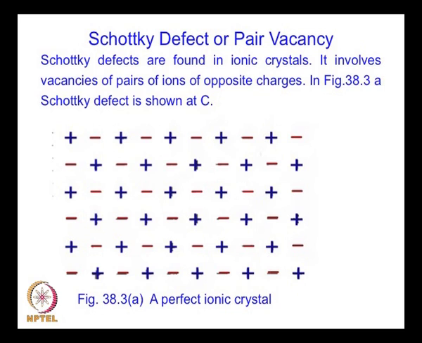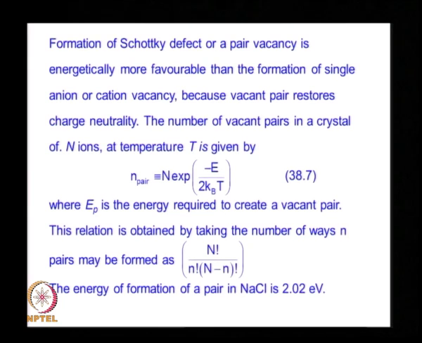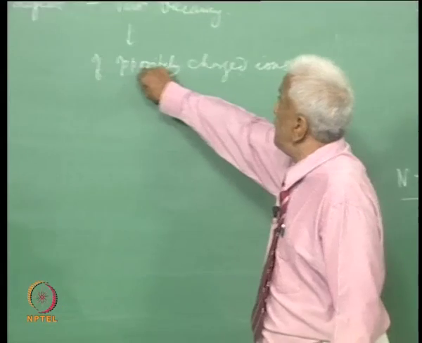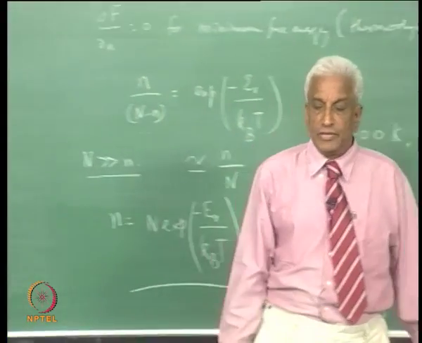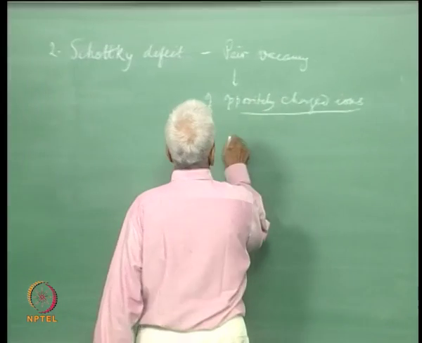That is illustrated in the next figure, where you start from a perfect ionic crystal and then an ionic crystal with point defects of the Schottky type, which means that there are equal numbers of positive and negative ion vacancies. So, this is energetically favorable, more favorable than the creation of single vacancies, because of the restoration of charge neutrality.